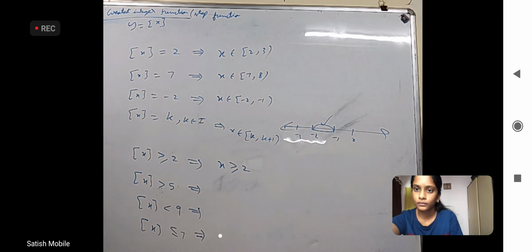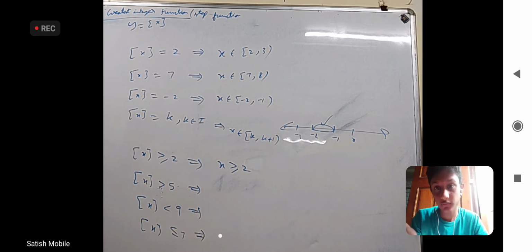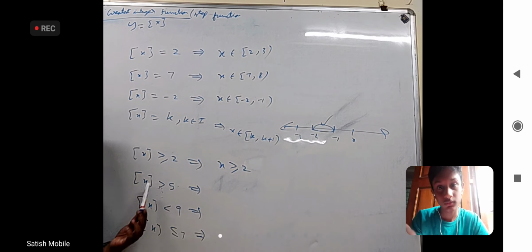Okay. What about this? Anybody want to say? You have to be a little careful here. If x is more than 5, meaning 5.1, 5.2, they are all okay. Is 5.1 okay? When you substitute x as 5.1, the integer part will be 5, but 5 cannot be greater than 5, right?